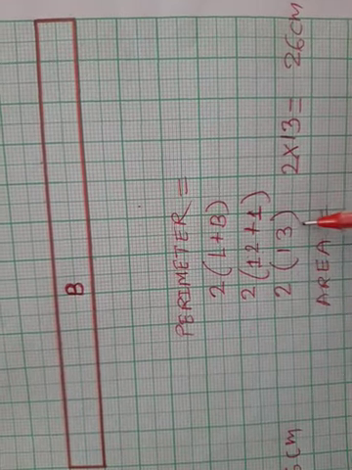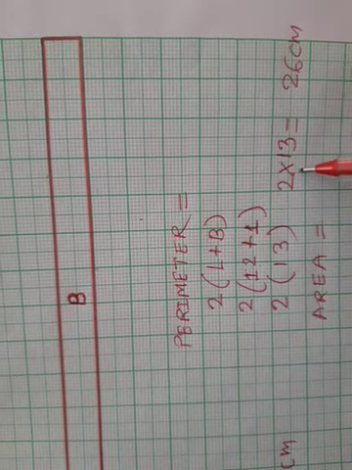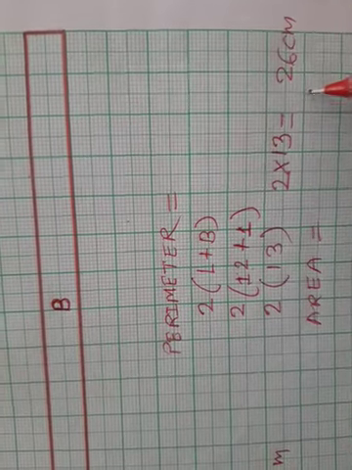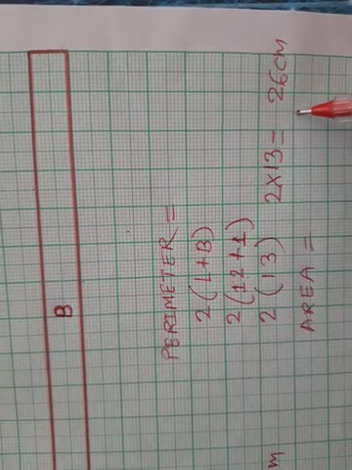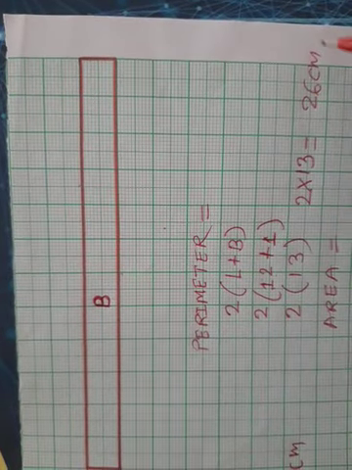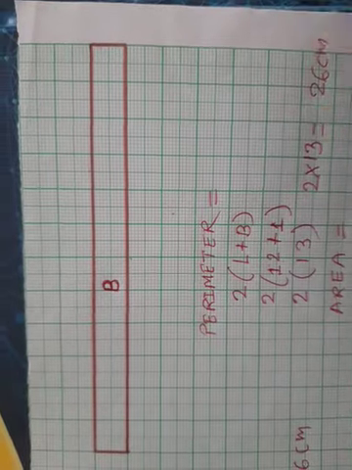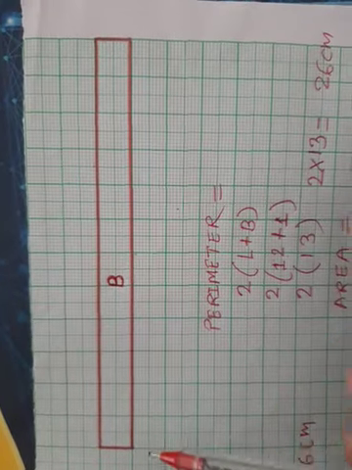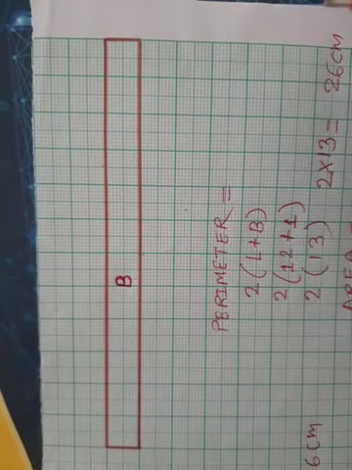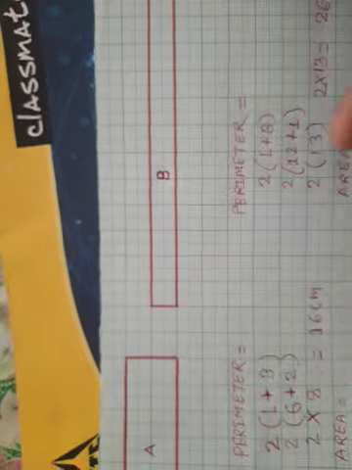Now after removing the bracket we put the multiplication mark. So 2 into 13 is equal to 26. So the perimeter of rectangle B is 26 centimeter, and manually we found that the perimeter was also 26 centimeter. There are two ways to find the perimeter.